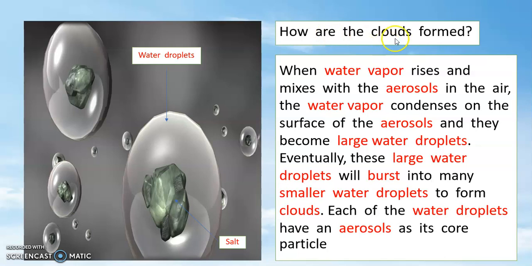How are the clouds formed? When water vapor rises and mixes with the aerosol in the air, the water vapor condenses on the surface of the aerosols and they become large water droplets. Eventually, these large water droplets will burst into many smaller droplets to form clouds.